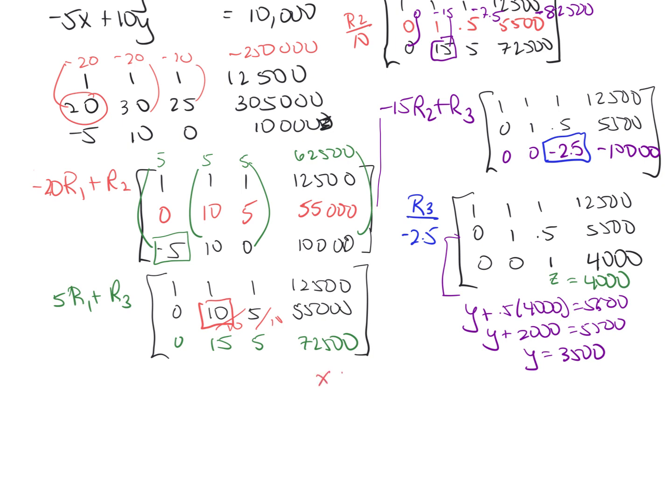We've got X plus Y plus Z is 12,500, which means X plus 3,500 plus 4,000 equals 12,500. So X plus 7,500 equals 12,500. So X is 5,000.